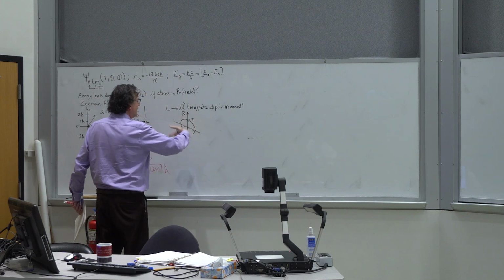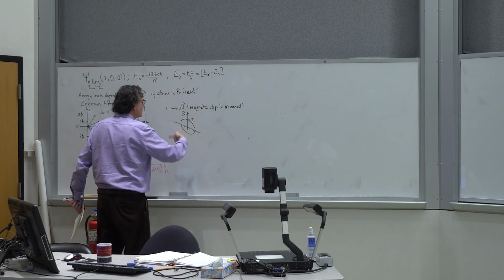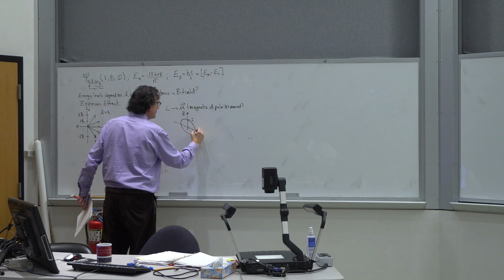There will be a torque that will cause a spinning of the loop of the current.